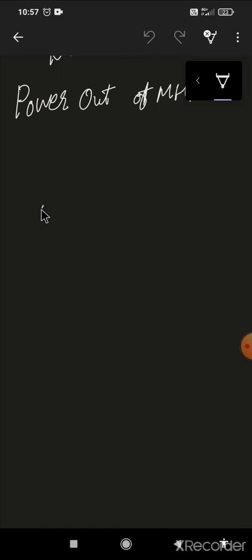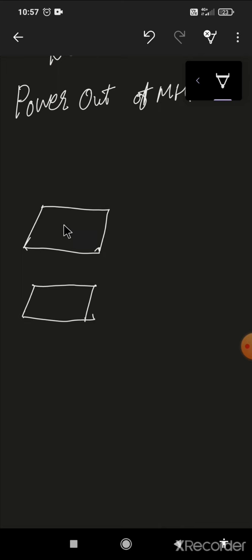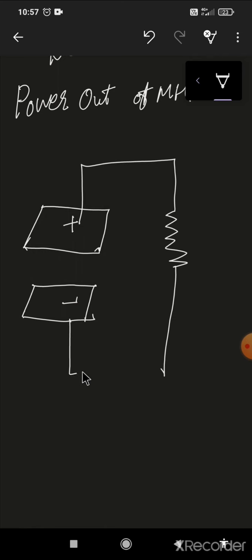These are two electrodes, electrode 1 and electrode 2. Suppose this is plus and this is minus, and we are connecting an electrical circuit and giving a resistance R. Suppose this is the resistance R and voltage V.